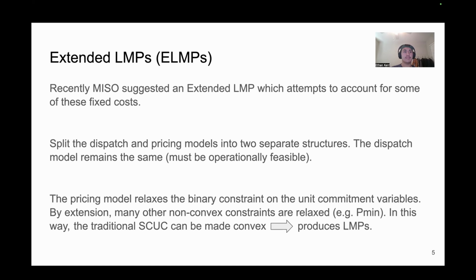And these LMP ideas will reduce the size and frequency of uplift payments while providing a price signal that better represents the true costs of a real-time system. These LMPs aim to bridge the gap between the economics of a marginal pricing system and the operational realities of a power grid that holds non-convex generator constraints.